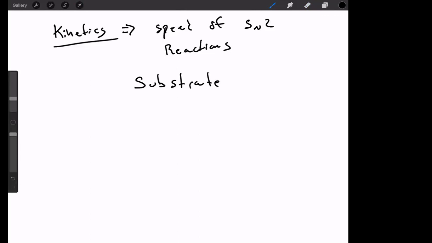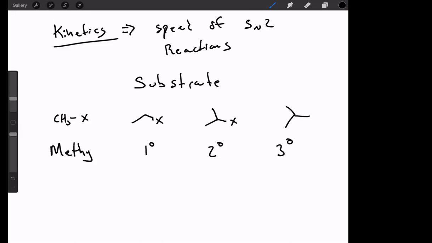One of the substrates that I showed you was a methyl alkyl halide. The other substrates are primary, secondary, and tertiary. Remember that a methyl is simply a CH3 with an X. A primary would be something like that. A secondary would be something like that. And a tertiary would be something like this.